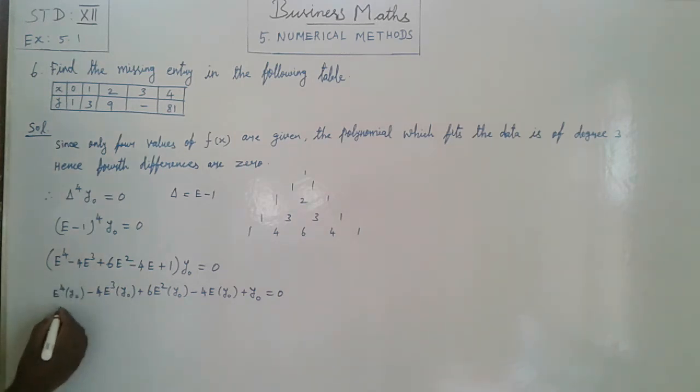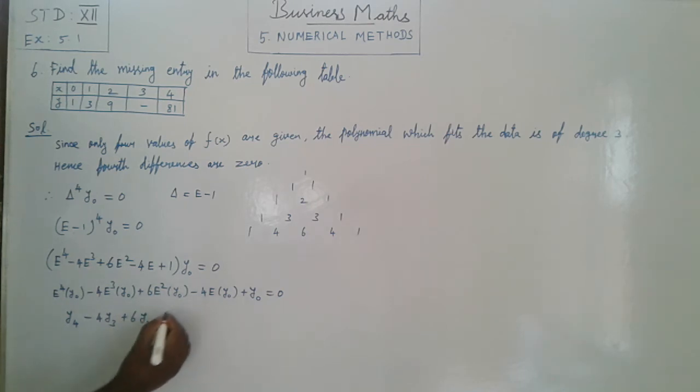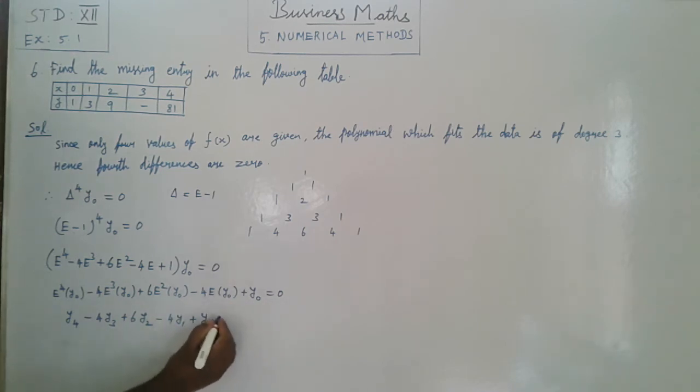So here e power 4 y naught is what? Y4, minus 4 into e cube y naught is 4 into y3, plus 6 into e square y naught is y2, minus 4 into e y naught, the power is 1, so y1, plus y naught equal to 0.